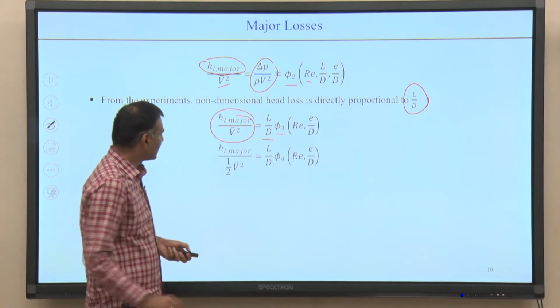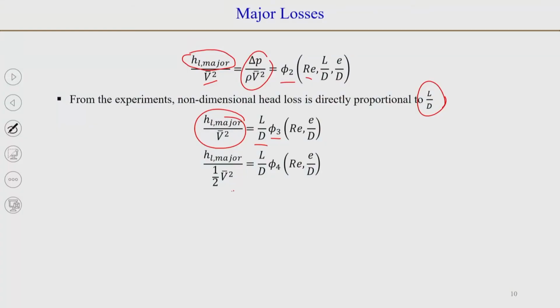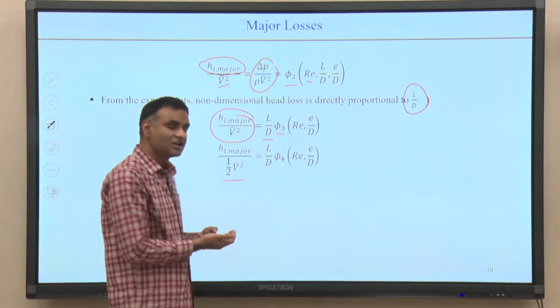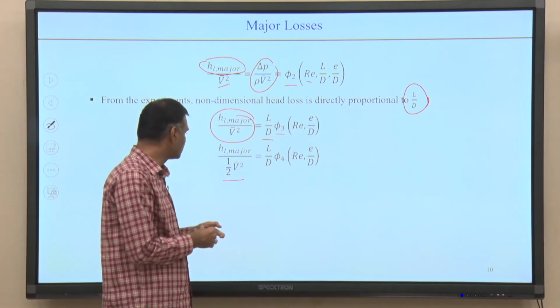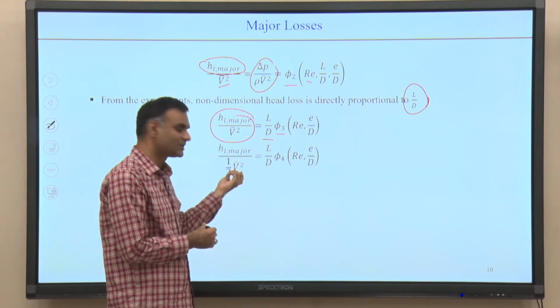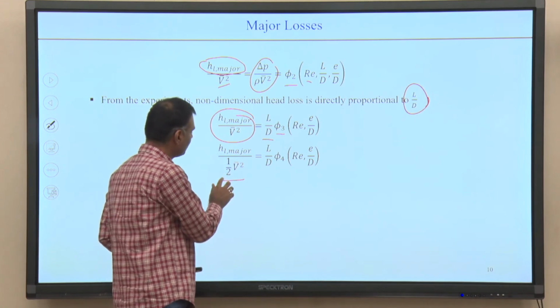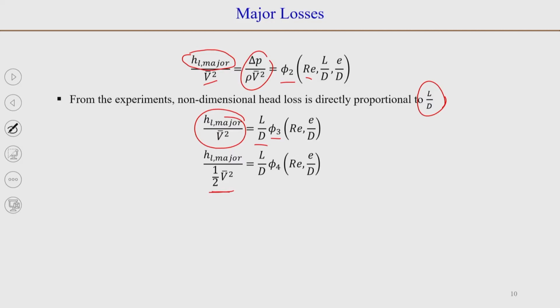So, we will write this H L major divided by half rho v square, because half rho v square is what we call kinetic energy, and so kinetic energy per unit mass we can write as half v squared. So, H L major by half v squared is equal to L by d phi 4 into Re by d, again because we have divided by 1 by 2.